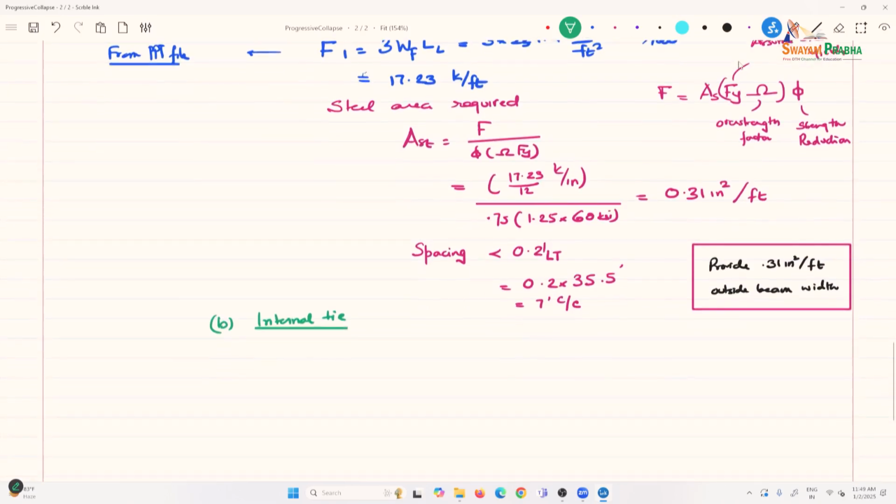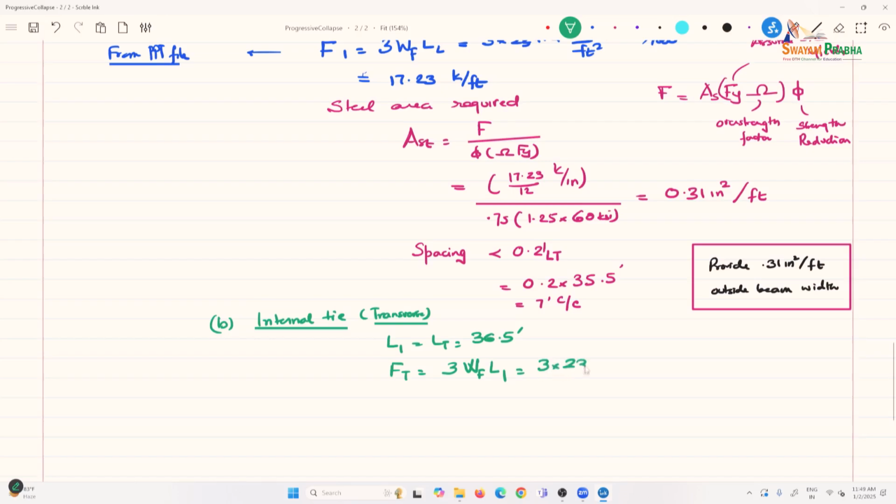So, the internal tie now, this is transverse. So, L1 is LT, which is 36.5 feet, and FT, the force, is again the same as before, 3 WF L1.